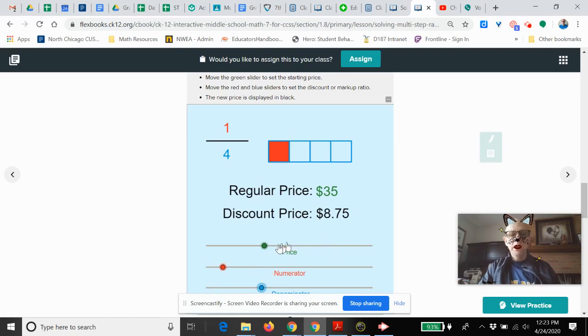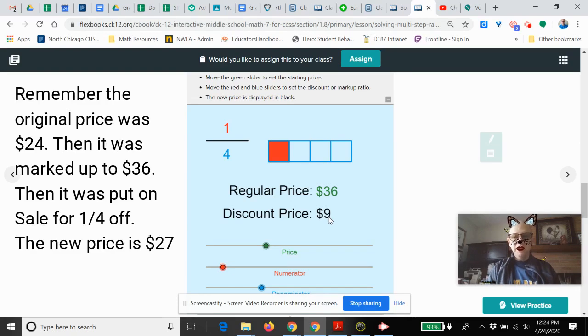Okay, so that was 36. So 1/4 off of 36 is $9. So how much are you paying for this shirt now? Well, 36 minus the discount of 9 would be $27.